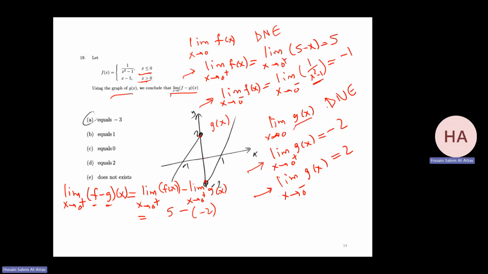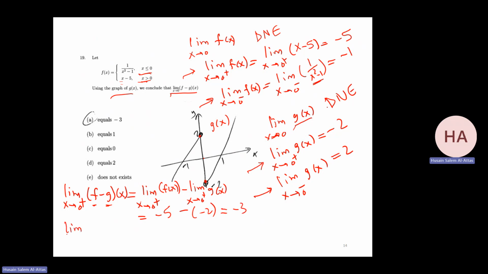Wait a minute. Yeah, this is minus 5, sorry. It's x minus 5. Why am I making it 5 minus? This is x minus 5, sorry for that. That is 0, that is minus 5. Yeah, x minus 5 from x goes to 0, it will be minus 5. Sorry for this mistake. Okay, so this is minus 5 plus 2, minus 3.